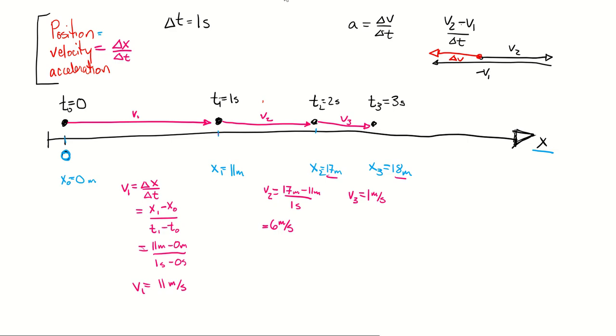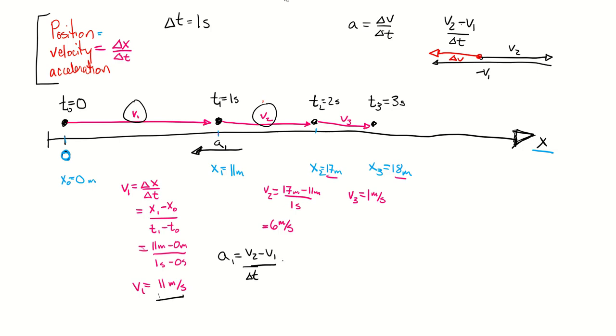So we would draw that, let's use black again. This would be what our representation of a1 looks like as we change from v1 to v2. If we wanted to calculate that, a1 is just going to be v2 minus v1 over our delta t of 1 second.